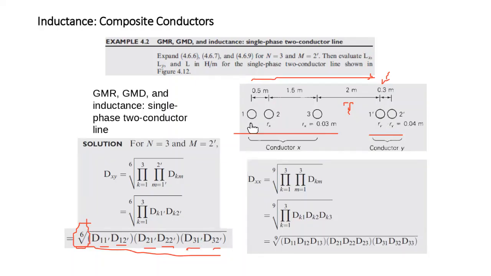So this will be from 1 to 1 prime, you will plug in the number here. This will be 4 meters. And then from 1 to 2 prime, you will go all the way to 2 prime. So this will be 4.3 meters. You plug it in here and so on.